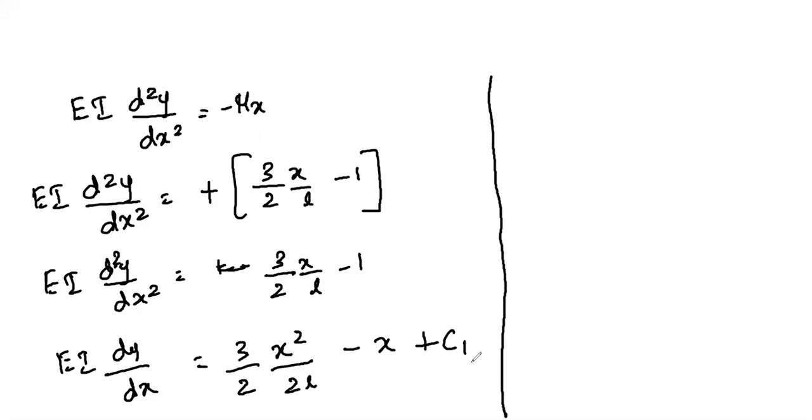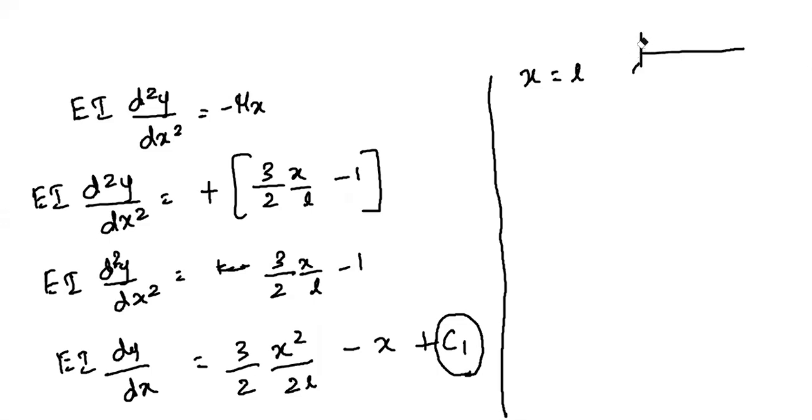So, if you want to find the value of this constant C1, we should know the slope. Okay, somewhere in the beam, we should know the value of the slope. We know very well when x equal to L. Okay, so this is your beam. Sorry, here now the support is not fixed.